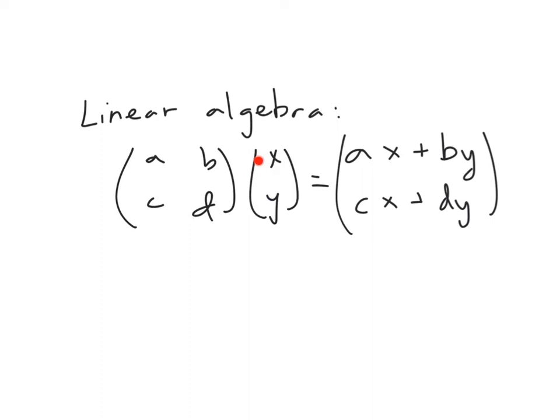So we'll have A times X plus B times Y as our first entry, going in the first row and the only column. And then the second row times the first column gives us C times X plus D times Y. That goes right here, so that's how we multiply a matrix and a vector.